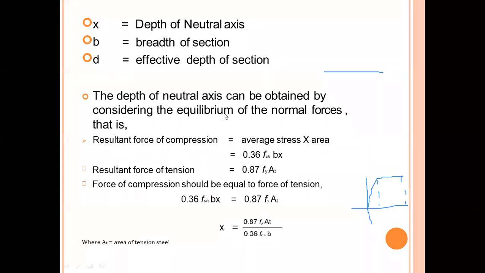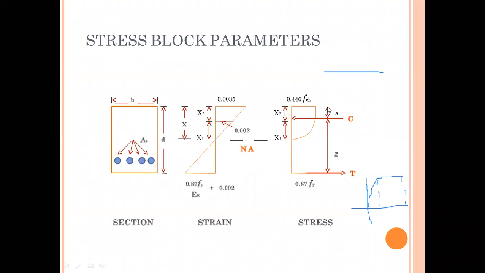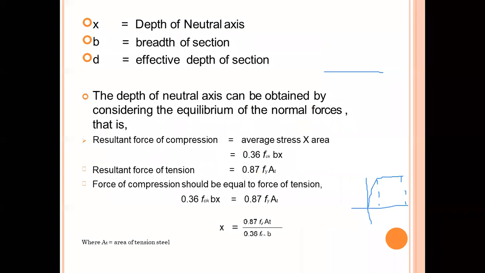The distance of C from the top compression fibre comes out to be 0.42 Xu, and the value of C is nothing but compressive force, 0.36 fck B into X.